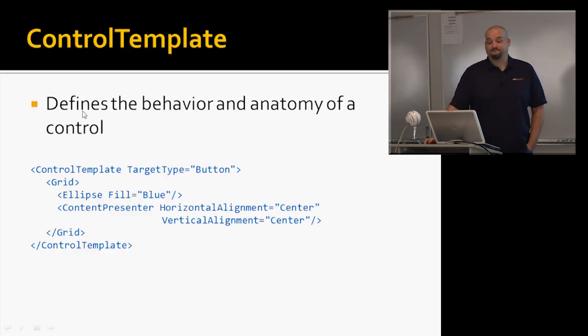Control templates. A control template essentially lets you completely rebuild the plumbing of a control if you want, as far as what is visually rendered. You could swap out the control template for a text box to, instead of a simple box with your text in it, have a box with flowers around it and little fairies.